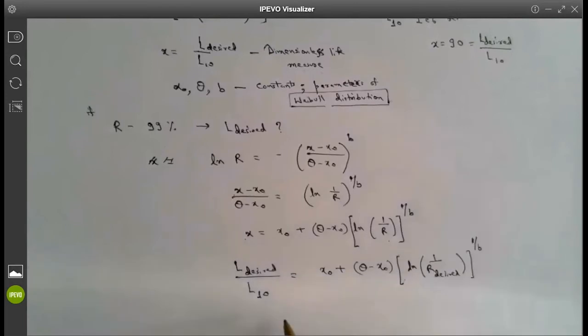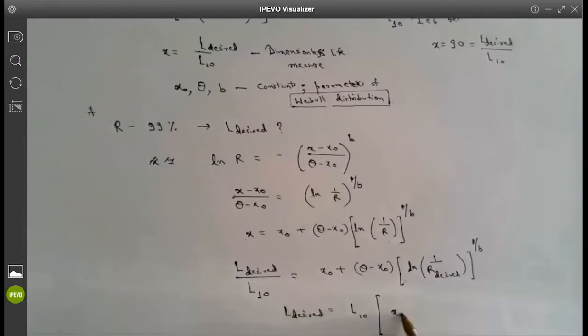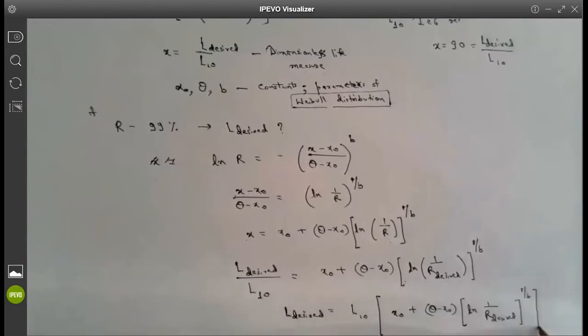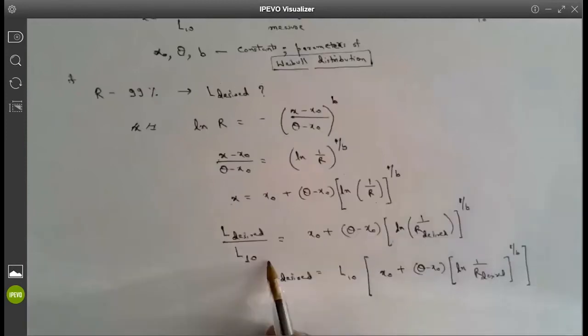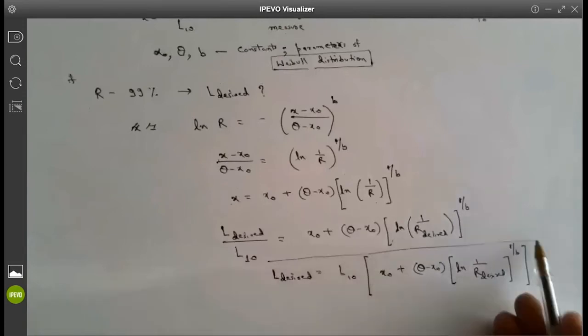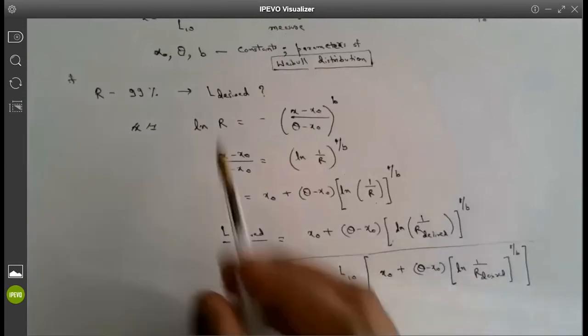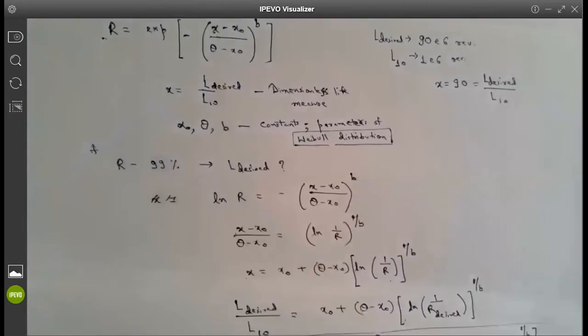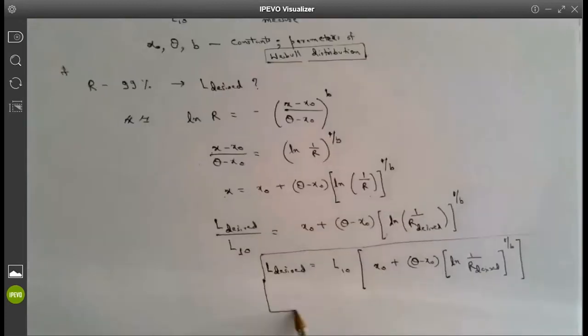So if your L10 is already known to you, which is 1 million revolutions, then you know how to find your L desired, which is L10 times x naught plus theta minus x naught... So this is the relationship you will get by using this specific expression for the reliability, and it says how reliability and life are related to each other.